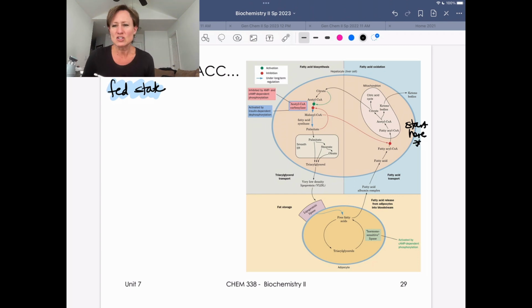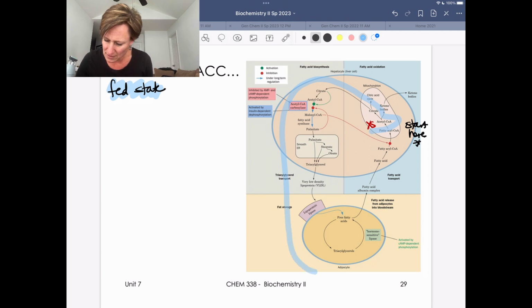We are going to start with excess acetyl-CoA. We're going to go through these details in a minute, but let me circle first what's happening. Excess acetyl-CoA, we're going to be all the way over here, on this arm. All of these pieces. So that's what we're going to be talking about here.